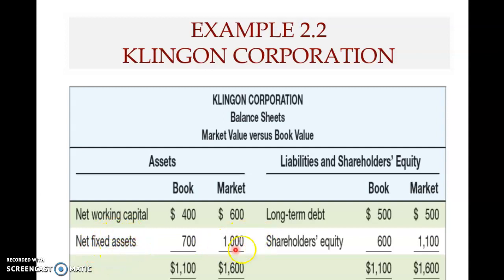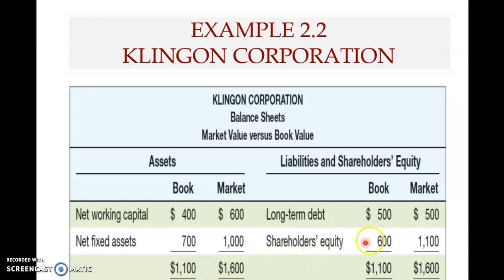Then the market value will fall, while the book value will still be high, because that was the historical price at which the assets were obtained. In that case, you will have a lower market value. In this case, it's higher, which is positive.